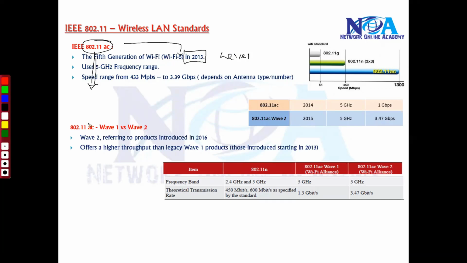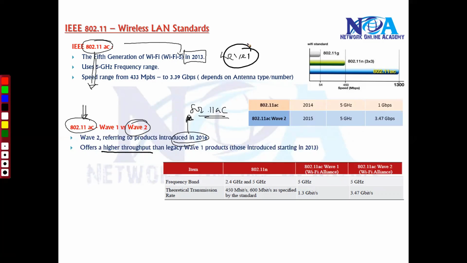And any wireless products using the same 802.11ac standard, but introduced starting from 2016, we call Wave 2. So Wave 2 refers to the products introduced after 2016 running the 802.11ac standard in general. The main difference in Wave 2 is that it offers better throughput when you compare it with Wave 1.